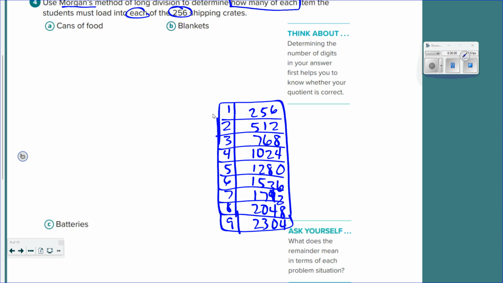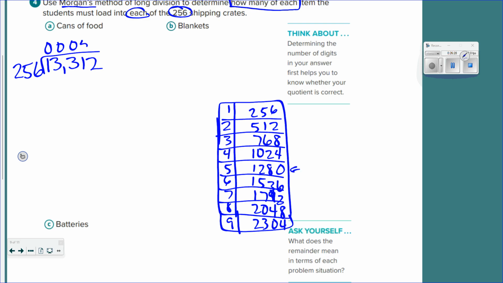So how many cans of food did I have? 13,012. Thank you, Ray. Now I'm dividing this by 256. Will 256 go into 1? No. Will it go into 13? No. Will it go into 133? No. Will it go into 1,331? Yes. Now I look and I want to get the closest without going over.